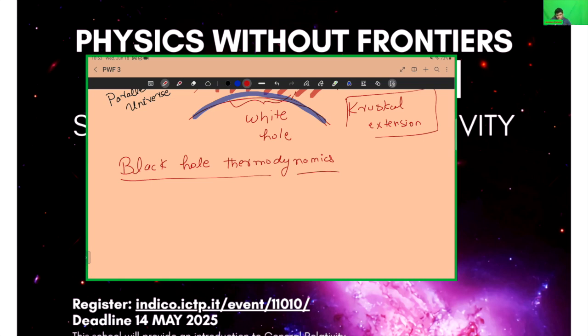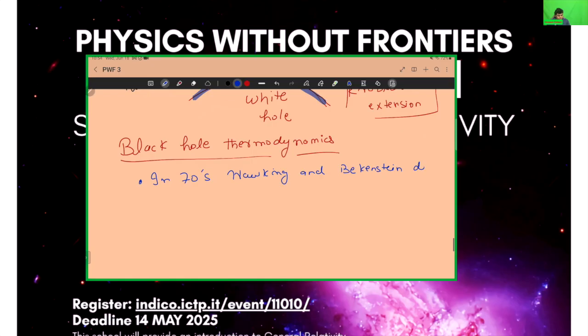Well, any space, right? So what Hawking did was that he considered quantum fields outside a black hole and he wanted to see what happens, right? The gravity was not quantum mechanical in his calculation. Gravity was classical. So let me write this down. In the 70s, Hawking and Bekenstein did some calculations.